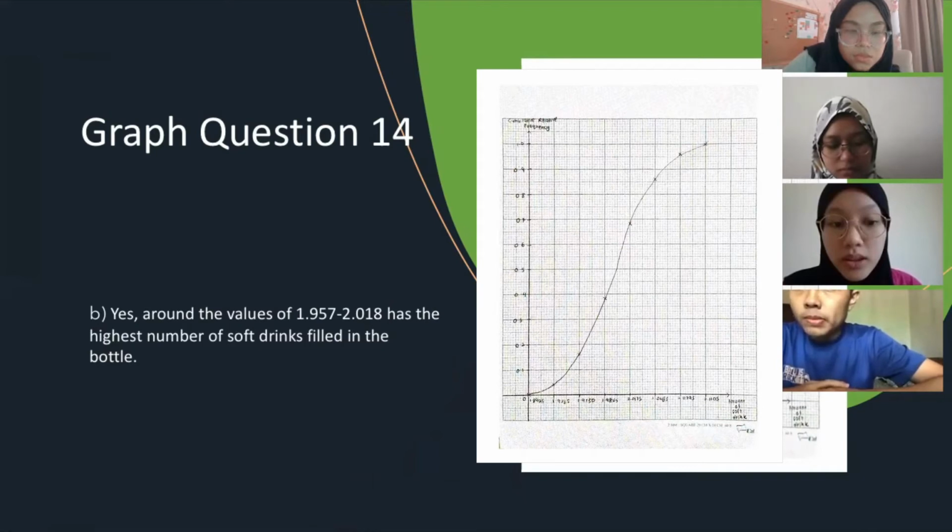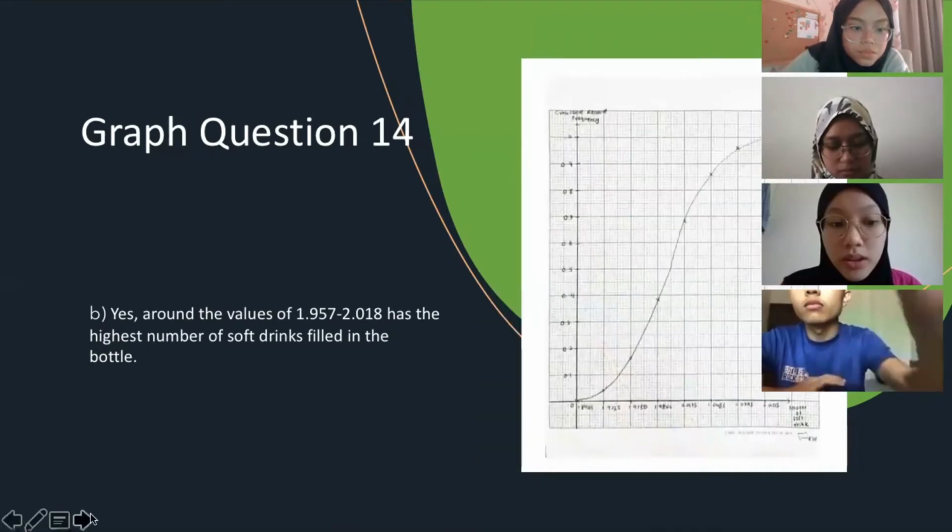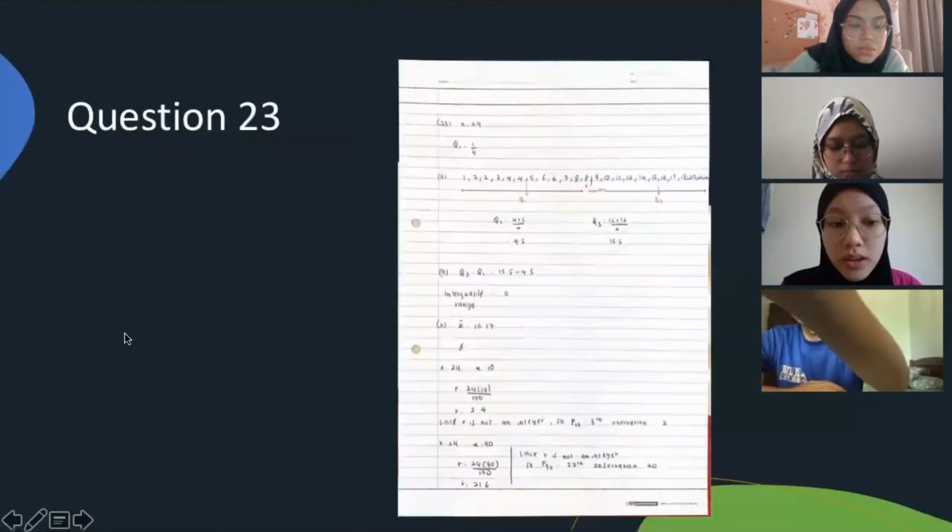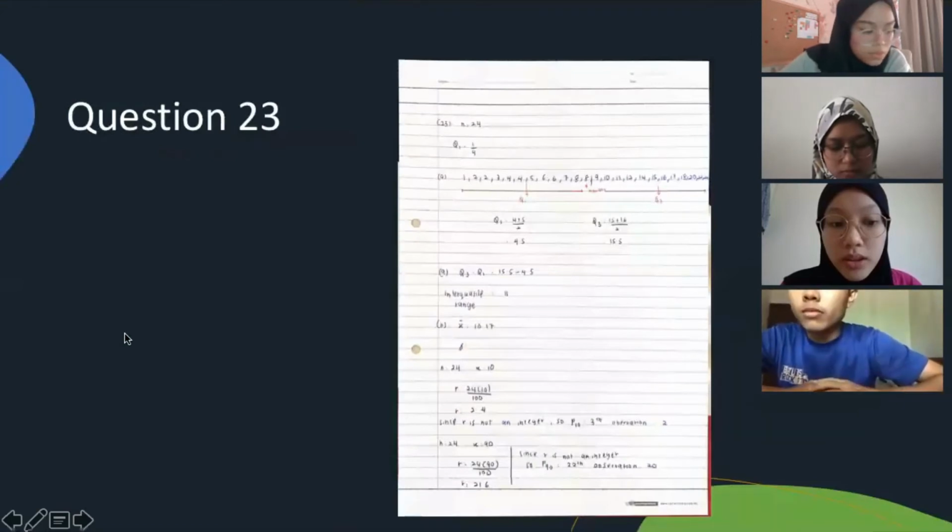Yes, the values of 1.957 to 2.018 have the highest number of soft drinks filled in the bottle. That's all for question 14. I will pass to Hafiz to present the next question.